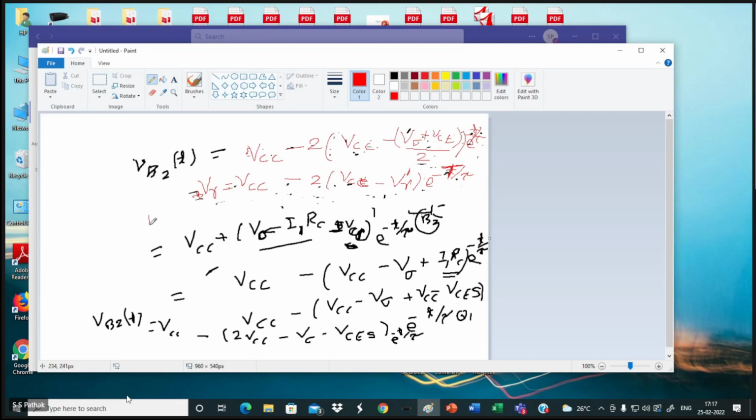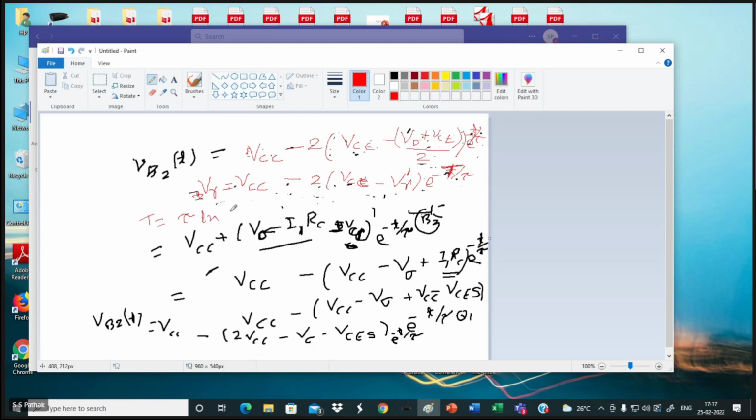So your capital T will be nothing but tau logarithm 2, because of this 2, this tau is coming as a multiplier there, okay, plus tau into logarithm of VCC minus V gamma dash divided by VCC minus V gamma.